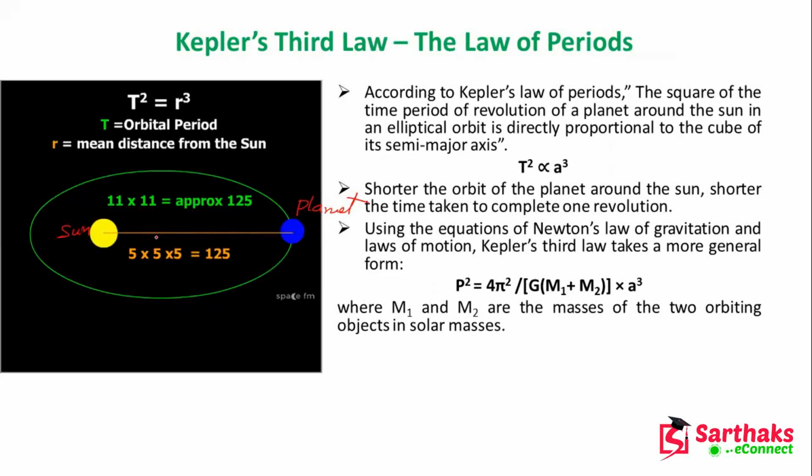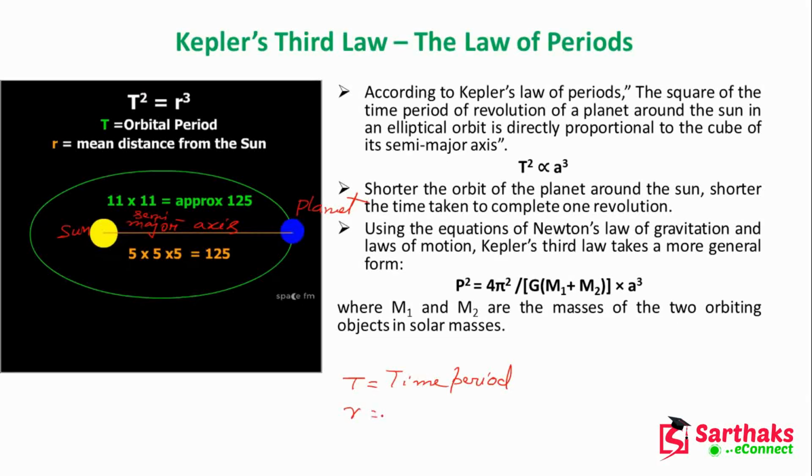This is the major axis. So according to Kepler's law, T square, where T is the time period, is how much time the planet takes to revolve, okay?